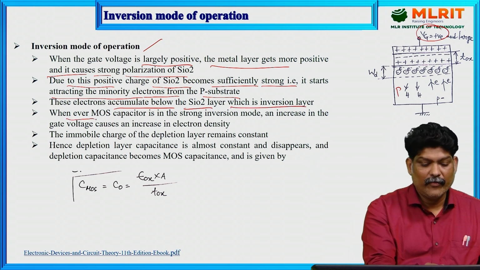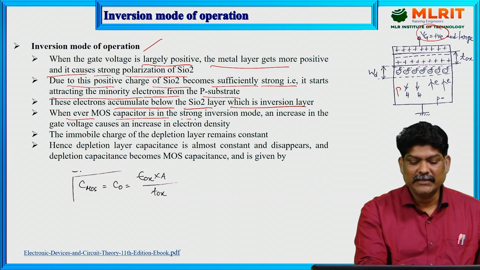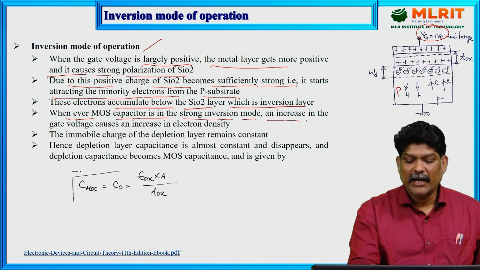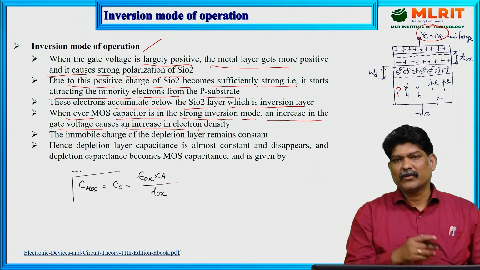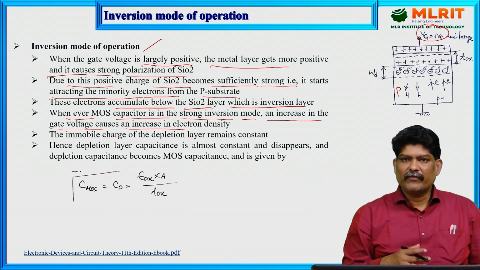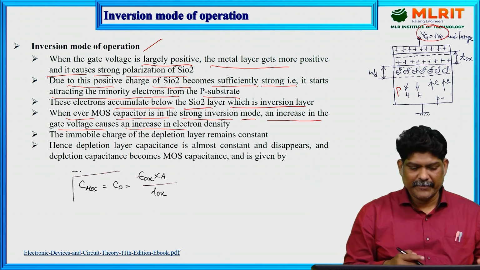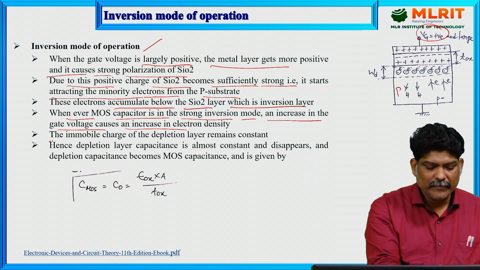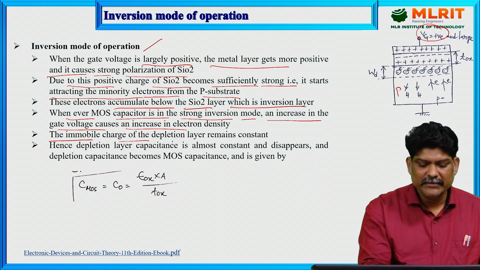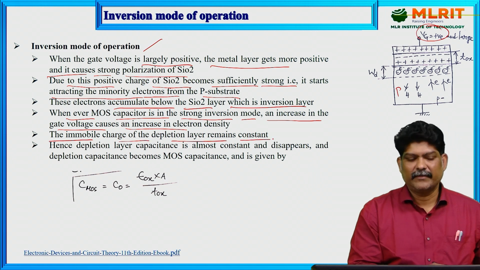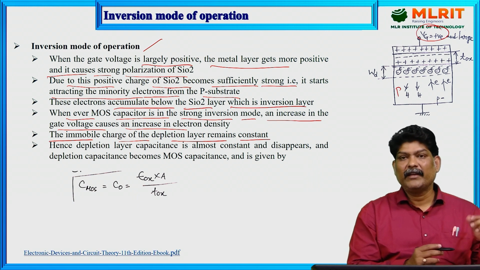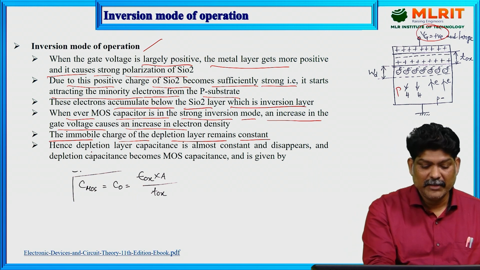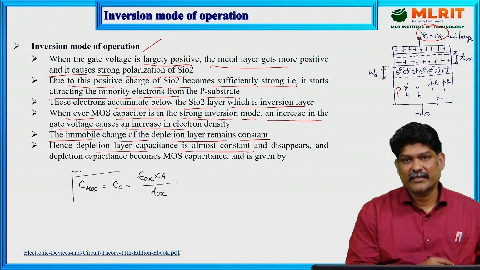Whenever the MOS capacitor is in strong inversion mode, an increase in the gate voltage causes an increase in the electron density, so more electrons accumulate under the SiO2 layer. The immobile charge of the depletion layer remains constant, and the depletion layer capacitance is almost constant.